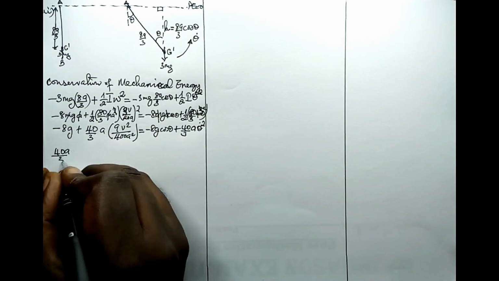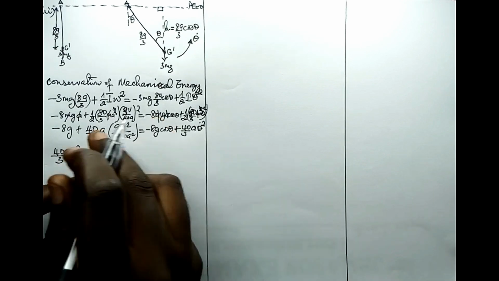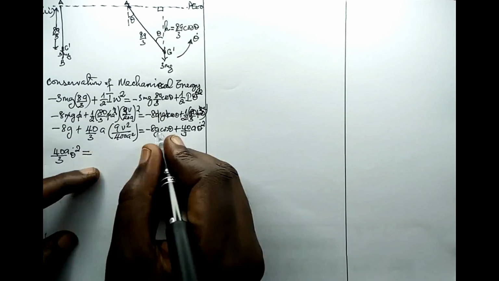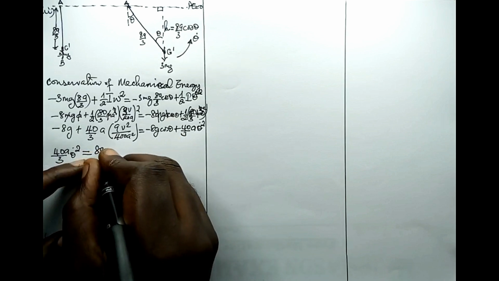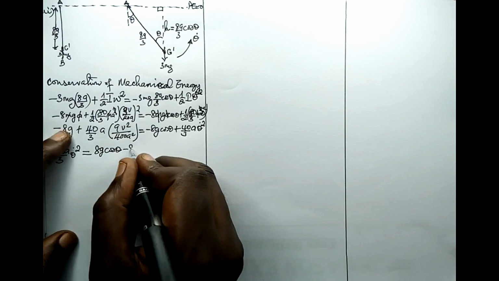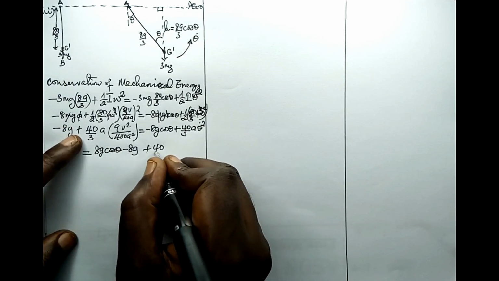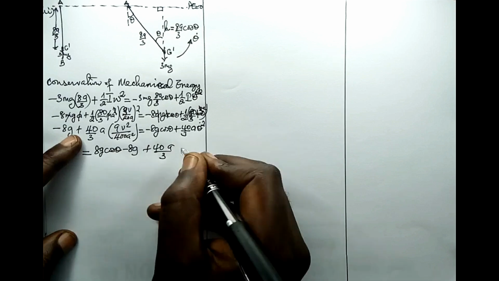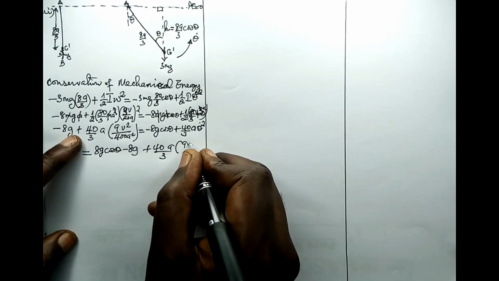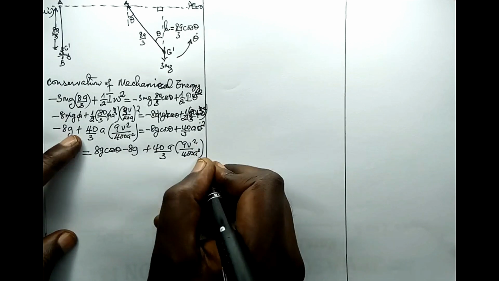40a all over 3 theta dot squared should be equal to, I now send the other terms across: I begin with 8g cos theta, then minus 8g, then plus 40a all over 3 into 9v squared all over 400a squared.